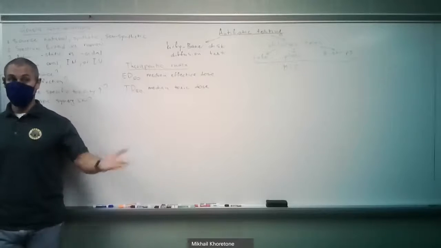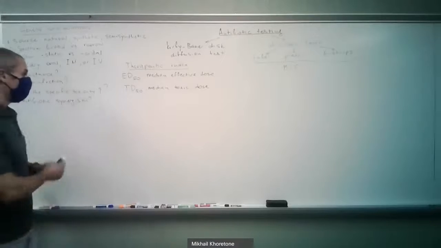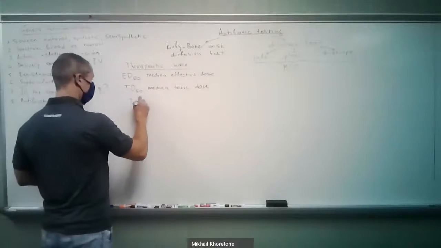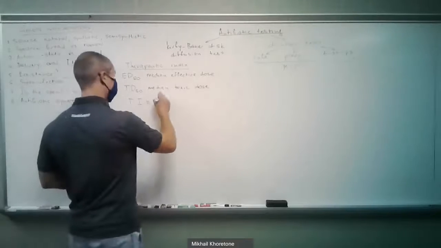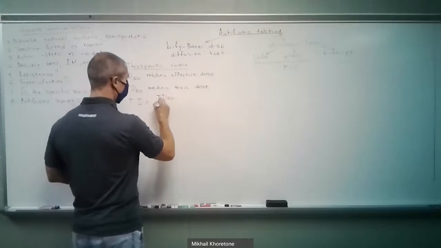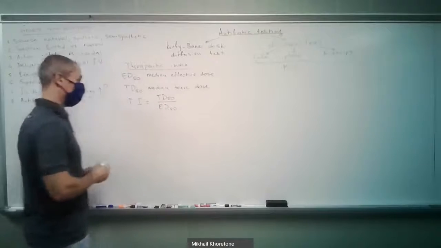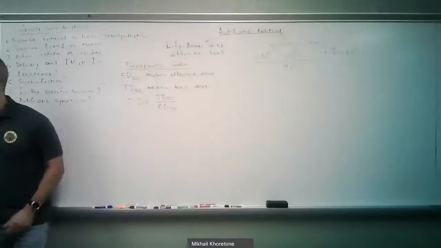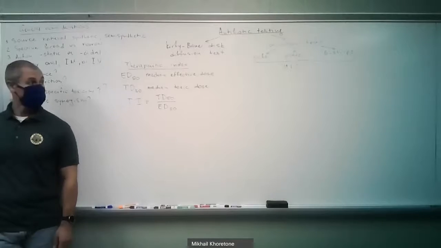These two doses, these two parameters, do they make sense to you? Now, therapeutic index is a ratio between the median toxic dose and median effective dose. Does it make sense?